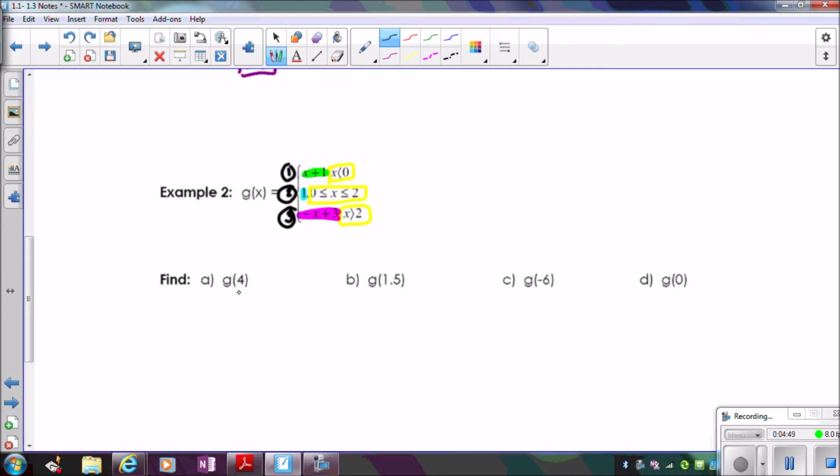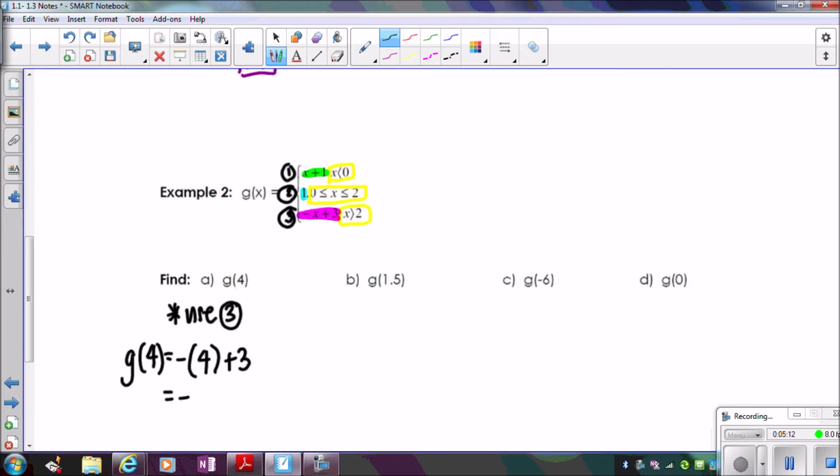So 3 different types of equations make up this piecewise function. We go ahead, we look at 4. 4 belongs to the third category. It's greater than 2, so we're going to use number 3. When we go to plug in, g of 4 equals negative, parentheses where the x is, plus 3. So our 4 gets inputted into the parentheses.